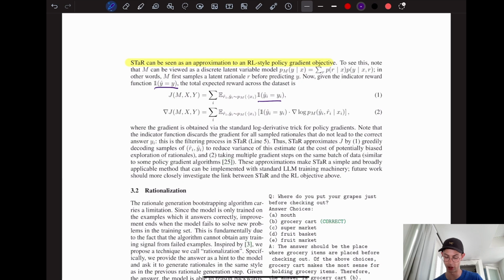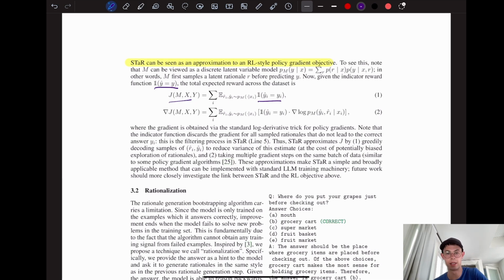So you would get higher reward for rationales that end up leading to the correct answer more often, and so you'd have a higher expected J. So in policy gradient methods, what you do is you parameterize the policy of the agent, and then you derive the total or expected discounted rewards under that policy, and then you use stochastic gradient descent to maximize that total expected reward.